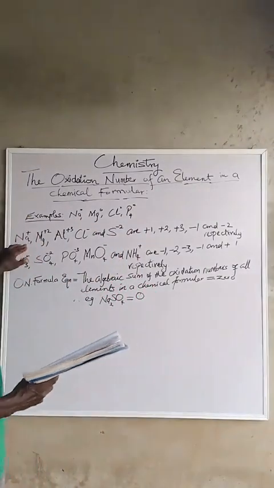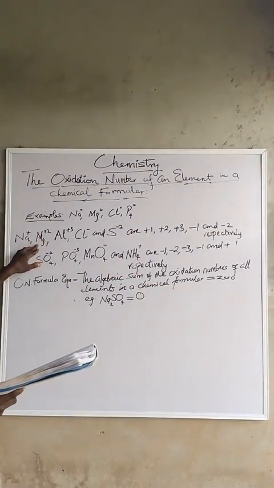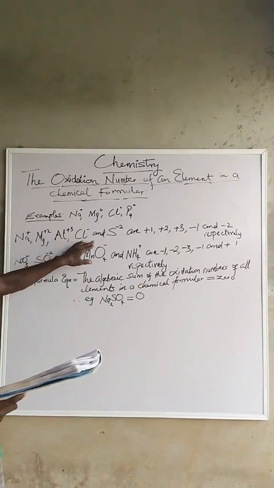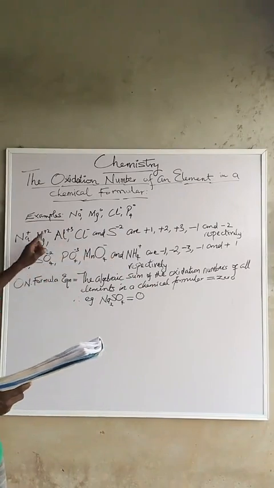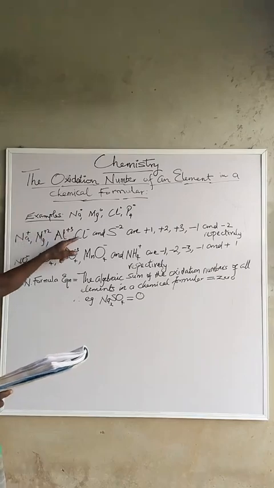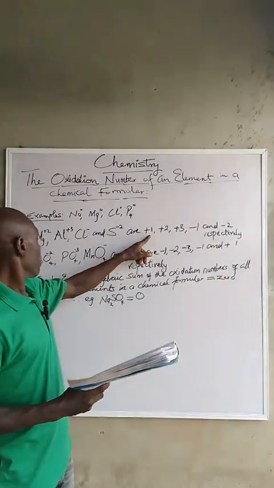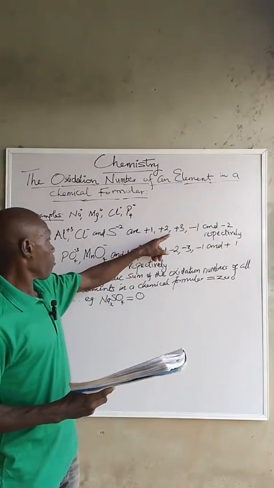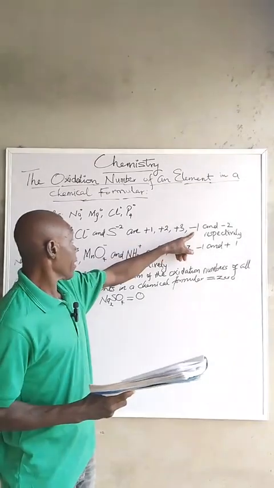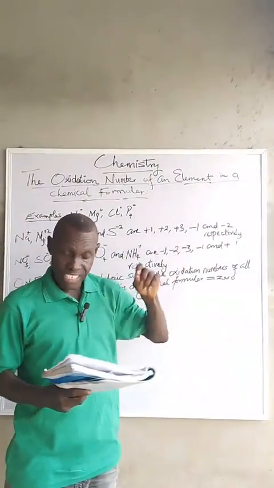See them here. Sodium, magnesium, aluminium, chlorine, and sulfur. You can see the charges on top of the ions. So sodium is +1, magnesium +2, aluminium +3, chlorine -1, and sulfur -2 respectively.